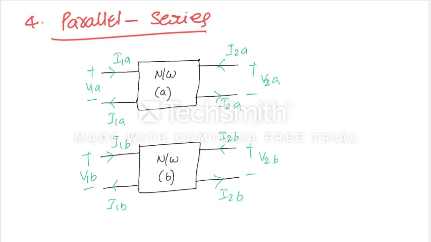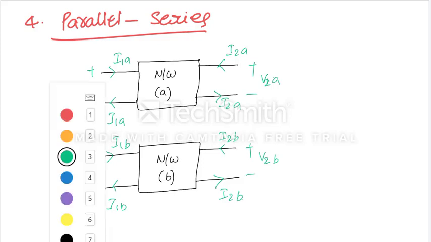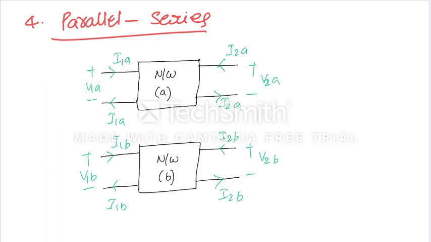Now see how the connection is here, parallel series. Port 1 is parallel and port 2 is series.